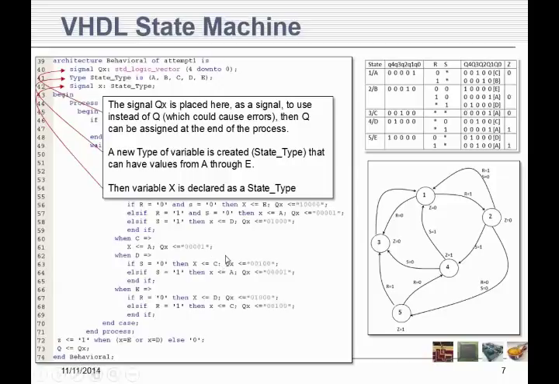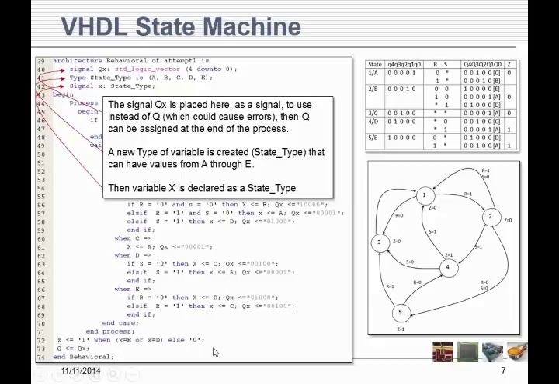Xilinx will get all upset about it. So the best thing to do is to create a signal that is basically equivalent to that, and make it a standard logic vector, same thing, 4 down to 0. This is the one I work with during the process, and at the end of the process, I assign whatever I've come up with in QX to Q, and it keeps from having any errors.